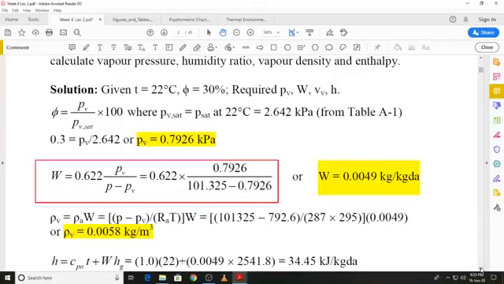Because the volume occupied by the water vapor and air is the same, it will cancel out in the numerator and the denominator, and that will give you the humidity ratio as the ratio of the density of water vapor to the density of dry air.